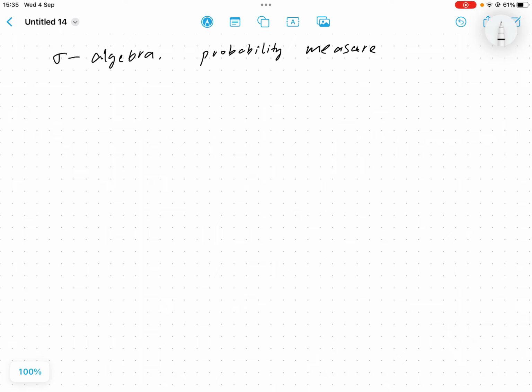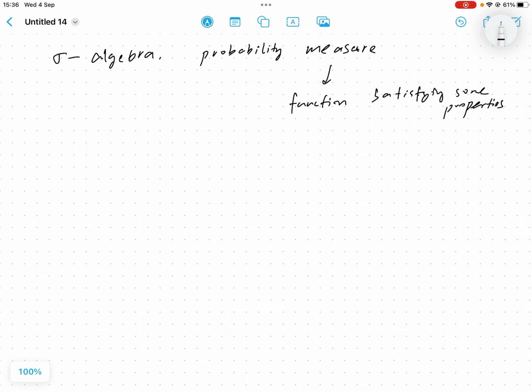Okay, so basically, a measure is nothing but a function. A measure is just a function that satisfying some properties. It's nothing special, it's just a function.